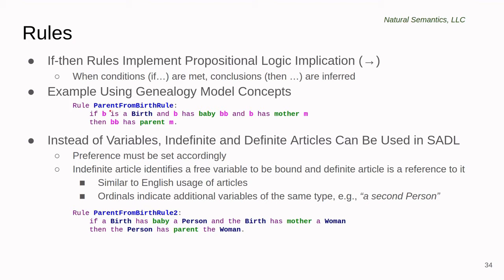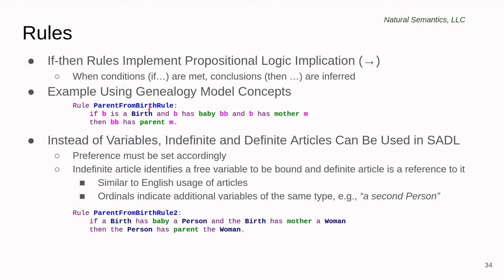We could write a rule called parent from birth. Remember, we had this birth class construct, and we want to be able to infer from that the existence of parents. So we can write a rule that says if B is a birth and B has baby BB and B, the birth, has mother M, then BB has parent M.